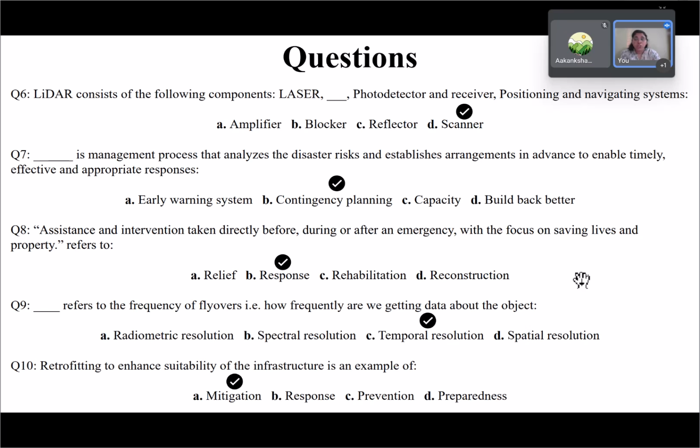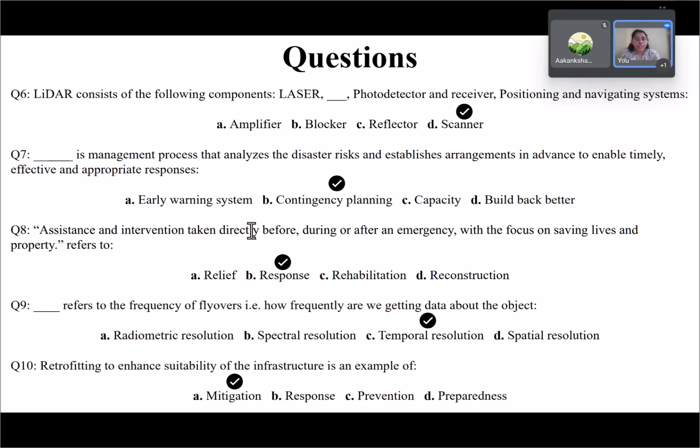Right. So the first one is, as you have seen, lidar is basically laser that gives the light, scanner that receives the light back, detector that interprets the light, and then positioning and navigation system gives you the data. Contingency planning is basically a management process that analyzes, because it's about analyzing the disaster. Early warning system is when you are predicting and forecasting the impending disaster.